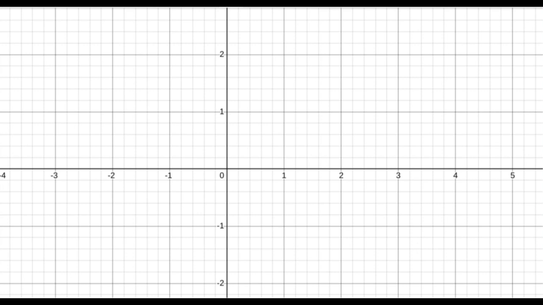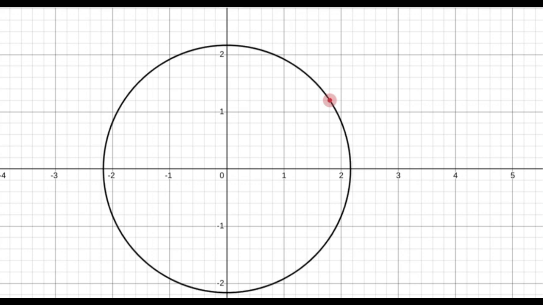Okay, so we've got a point out here, boom, and we draw a circle that goes through that point. We bring a radius from that back to the origin. So that is the radius of the circle. Now, this radius forms a nice angle with this x-axis, okay? And that is our angle theta.